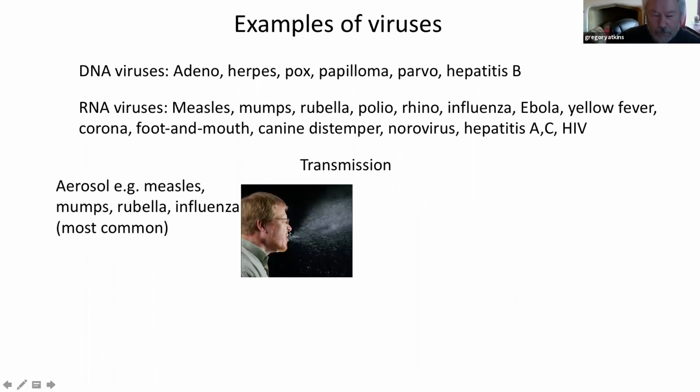So this is the formation of droplets when you breathe. And when you're just breathing, you're all the time breathing out these small droplets of moisture, and these could contain virus. Of course, if you cough or sneeze, you greatly magnify the number of droplets that you produce.